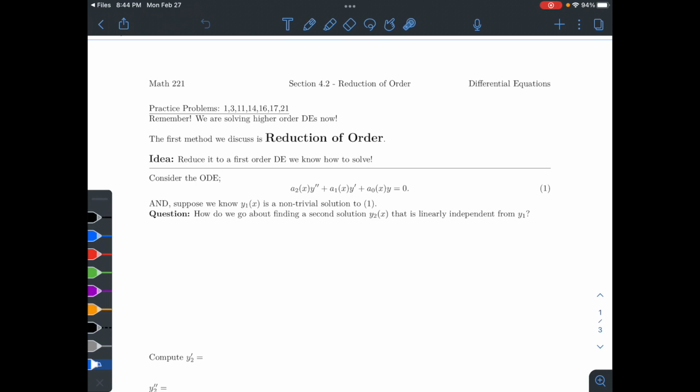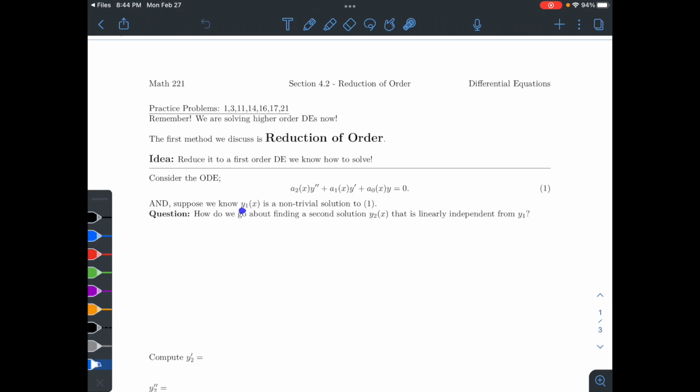So in section 4.1, we started off with our journey of trying to figure out how to solve second and third order linear differential equations. Here we have a second order ODE. And the idea for today is a little bit weird.